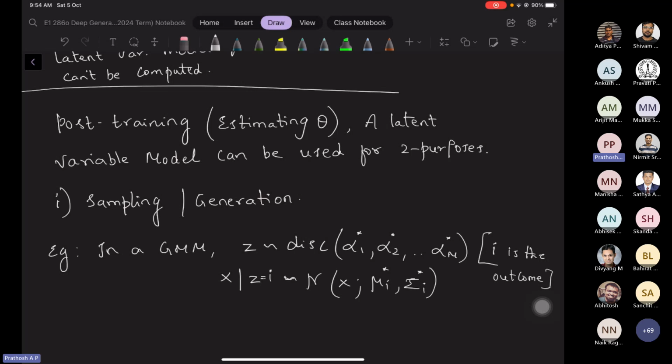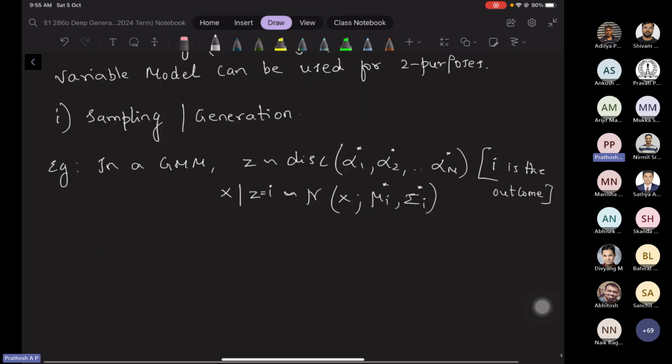In very high dimensions, these GMMs often tend to have this curse of dimensionality and will not model the data well. That is because of the saturation of the EM algorithm. Since I'm not teaching GMM, I'm not going into details of it, but this is how you sample from a GMM.